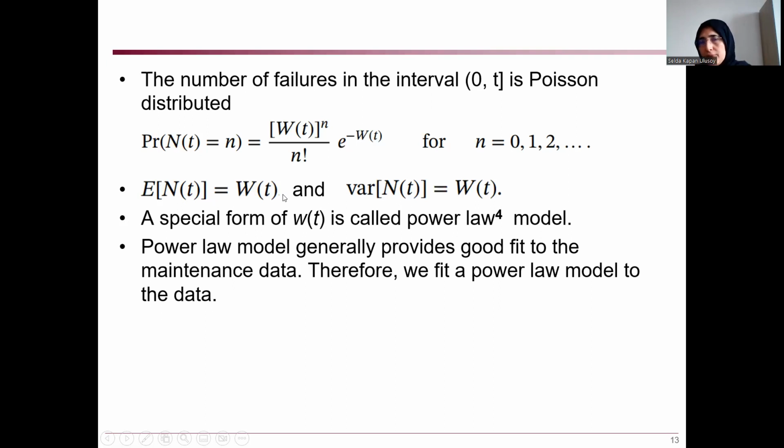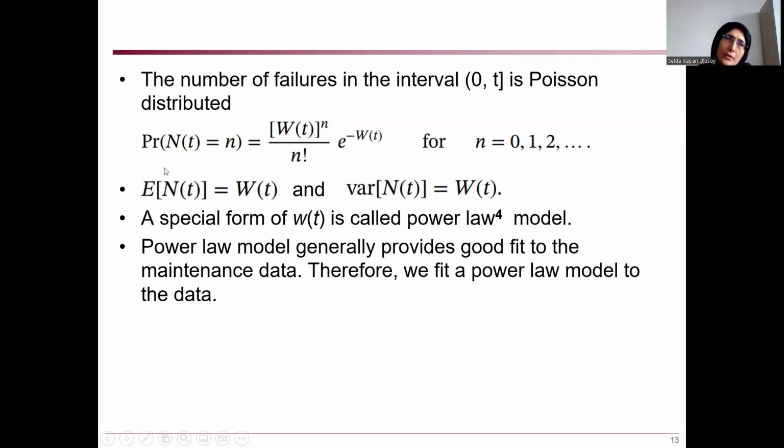The expected value of the number of failures in an interval is denoted by W(t). So the cumulative intensity is equal to the expected number of failures. Of course, in a Poisson distribution, the expected value and the variance are the same. So the variance of the number of failures is again equal to the value of the cumulative intensity function.